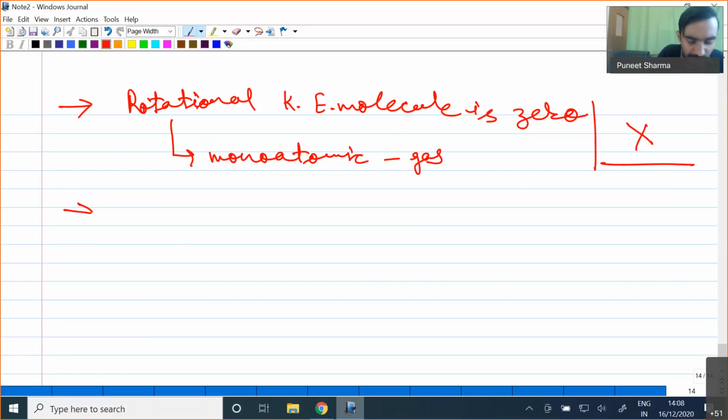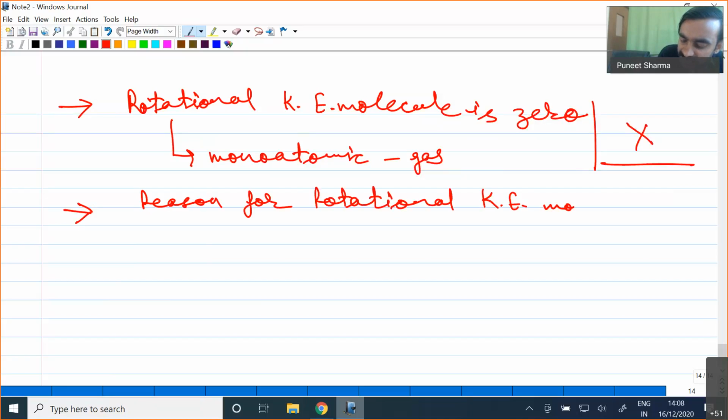Then the next question was, what is the reason for the rotational kinetic energy of a molecule to be 0? There were certain options which were confusing. For example, one of the options was that the center of mass and center of axis are coinciding. One of the options was that the center of gravity and axis of rotation are coinciding.